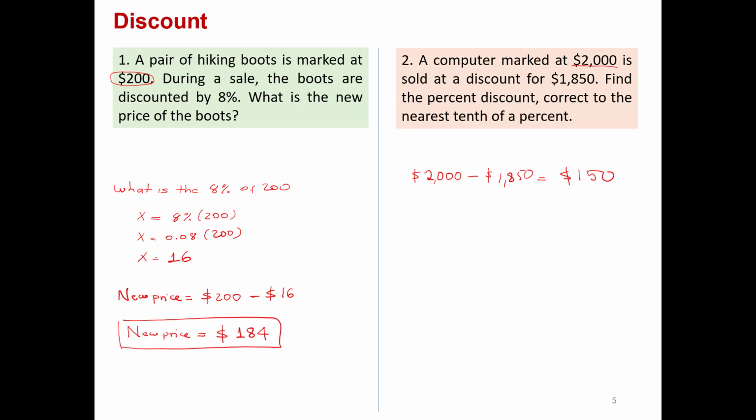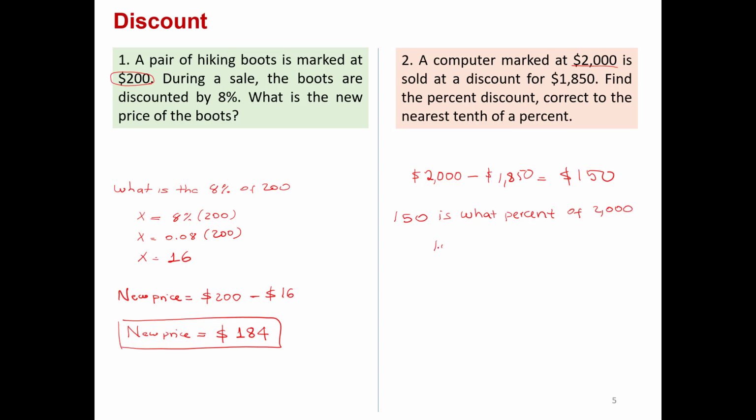And let's write that. What we want to find is 150 is what percent of 2000.